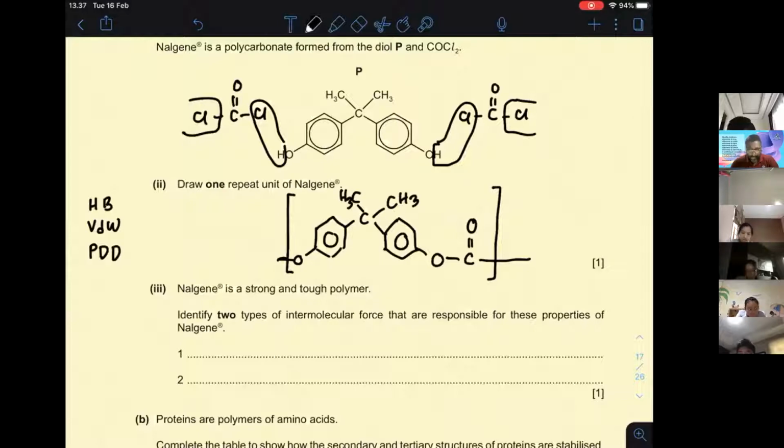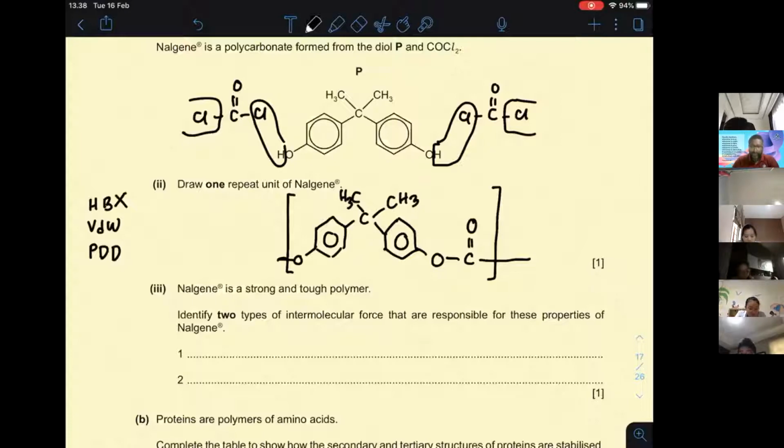If you look over here, I can see straight away there is no hydrogen bonding. Why? Hydrogen bonding must involve hydrogen with N, O or F. I don't see that. There's only oxygen here. So I will ignore this part.